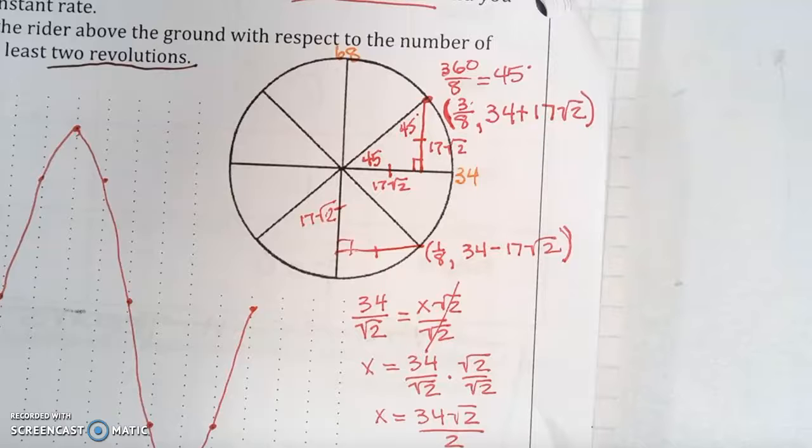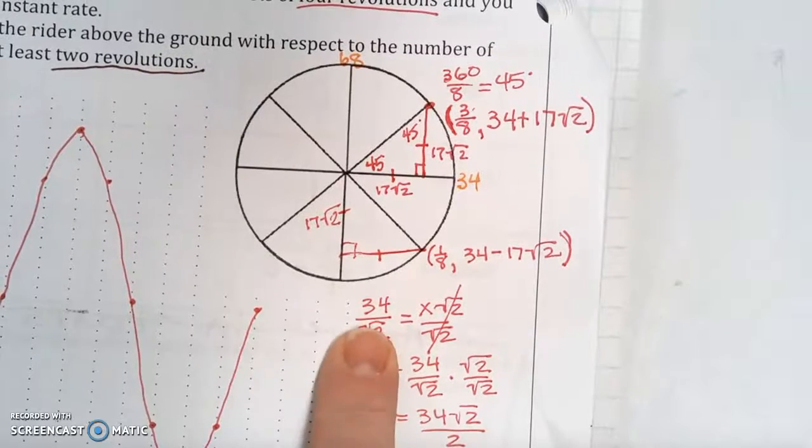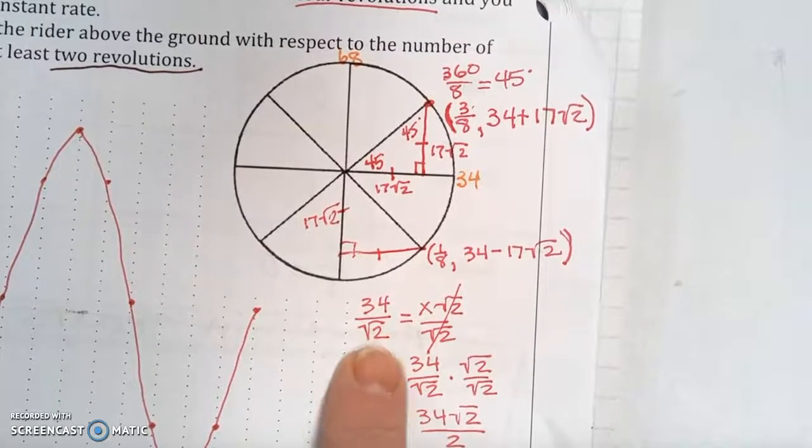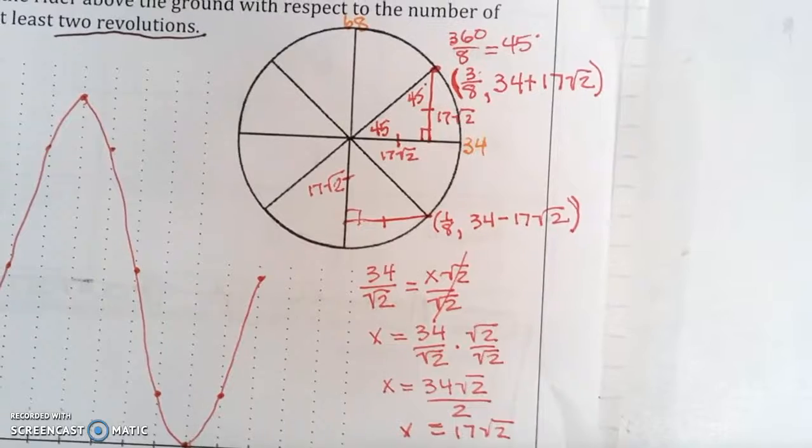So if the radius is 34, from here to here would be a 34. Anywhere you're going to have the hypotenuse is going to be 34. So we're going to take that 34 and divide it by the rad of 2.